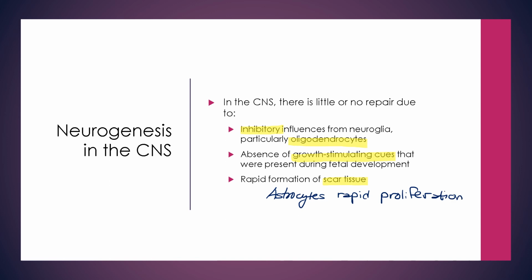So astrocytes divide really quickly, and they produce this scar tissue that physically prevents regeneration of neurons. So it's really too bad we can't actually have regeneration of neurons within our central nervous system.